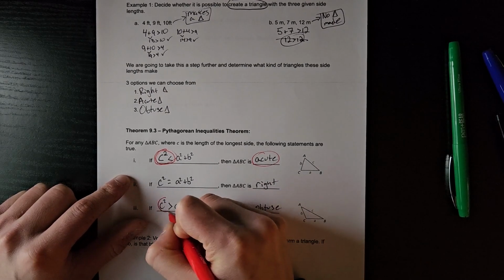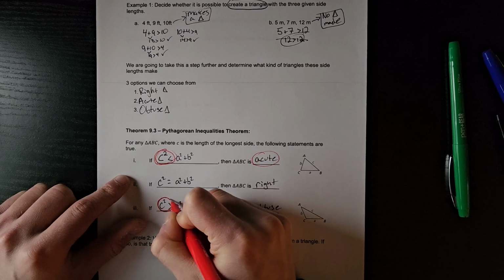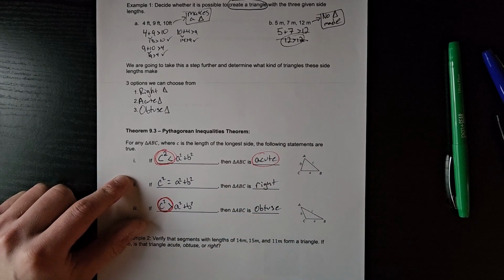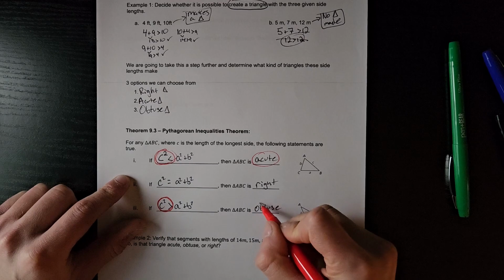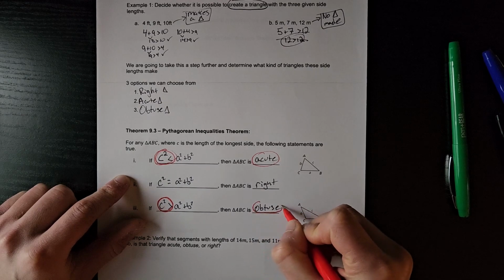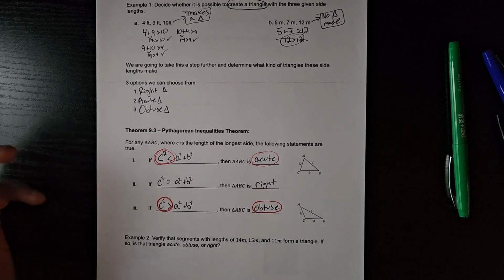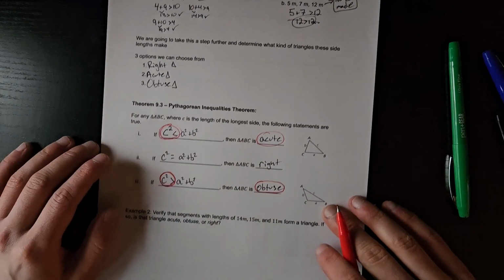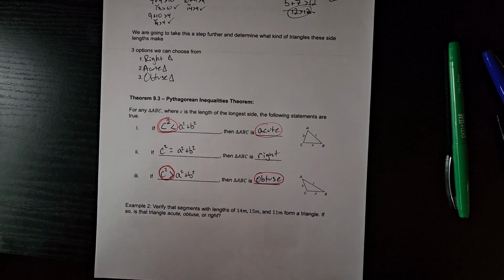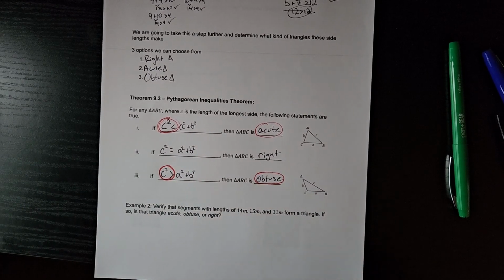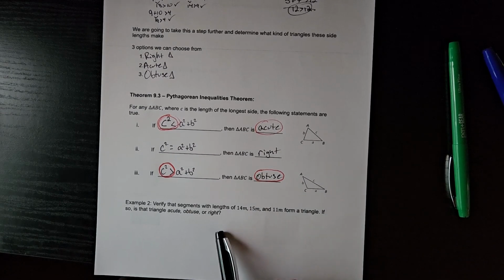If c is going to be bigger than our sum of a squared plus b squared, greater than, then that's going to be obtuse. It's going to be the biggest kind of triangle, the obtuse. It has the biggest angles. Little neat way of remembering how the inequalities will be working. And we can put this into practice with example 2.